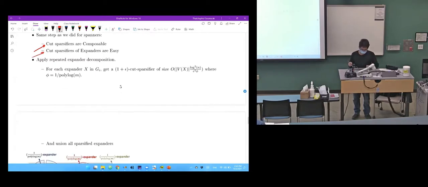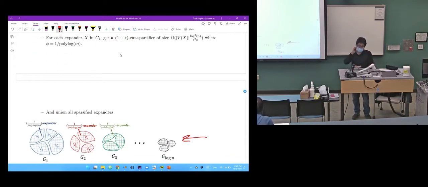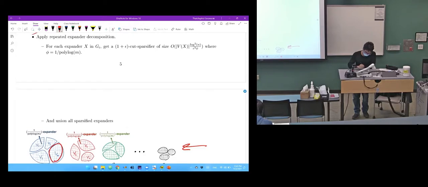So what you need to do is get this repeated expander decomposition again, then for each expander, sparsify it using this very simple algorithm that just, for each edge, compares degrees and uses tilde lambda tilde e for sampling. For each expander, you will get a sparsifier of this size, which is near linear in X.